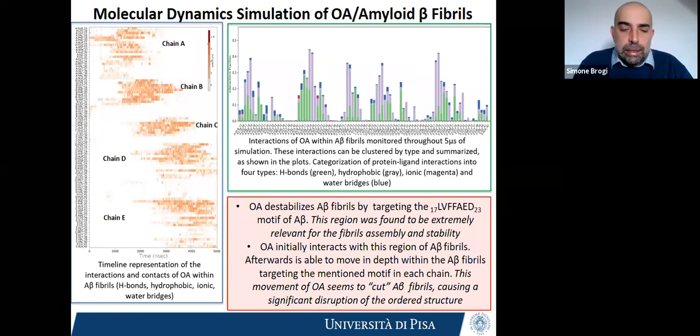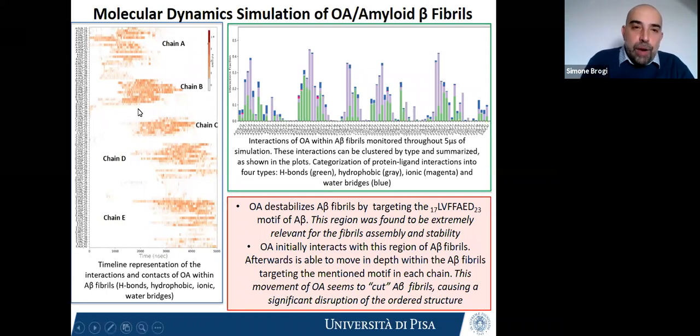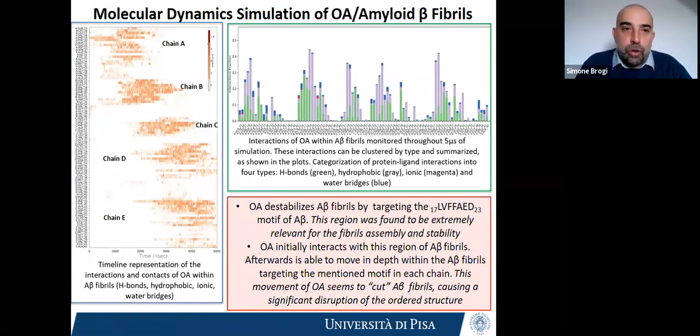And this kind of analysis highlights the movement of oleuropein aglycone within the fibrils, and starting from chain A, oleuropein aglycone is able to destabilize amyloid beta fibrils by targeting the motif comprised by leucine 17 and aspartate 23.